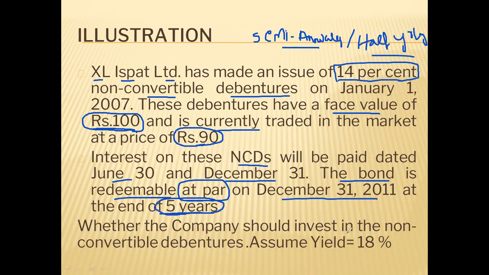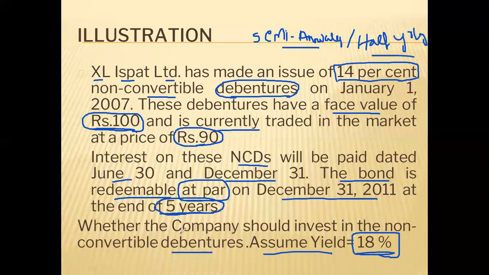Whether you should invest in this company's debentures or not, as an investor, we will understand by doing the calculation. The yield rate you have to take is 18%, which is the expected rate. To make a decision whether you should invest or not, we will have to calculate the value of these debentures.